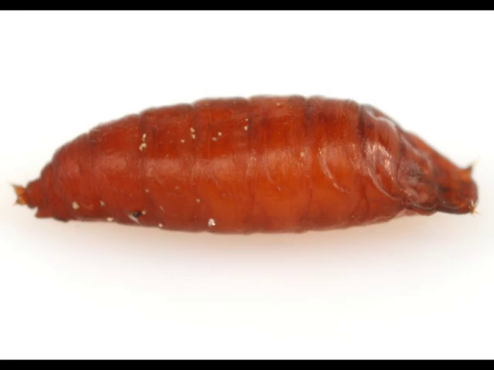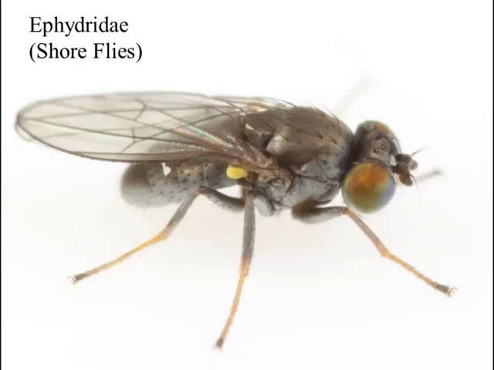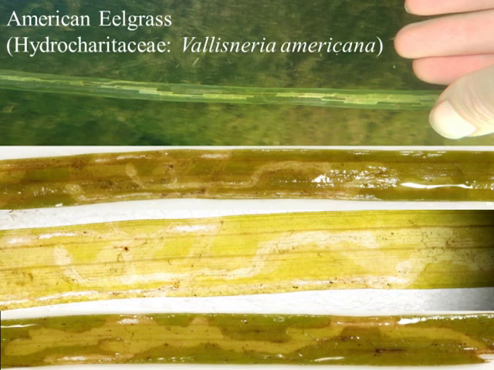A related family, Ephydridae, has several leaf mining genera, though by far the largest is Hydrellia, which are leaf miners of aquatic plants. This undetermined species I reared from fully submerged leaves of Vallisneria, American eelgrass, these long linear mines.